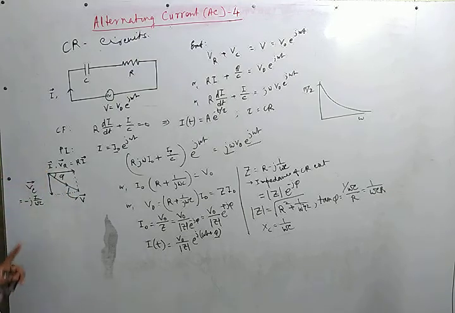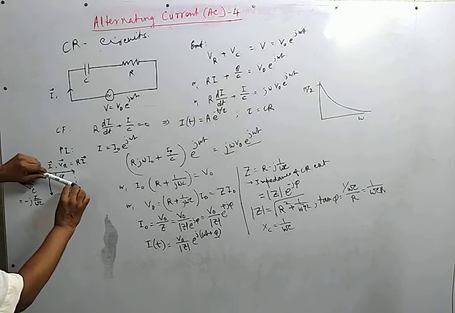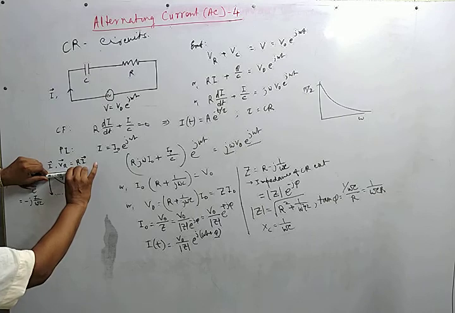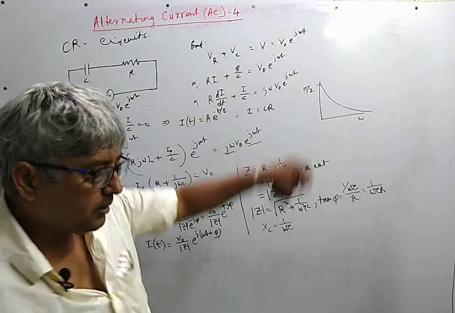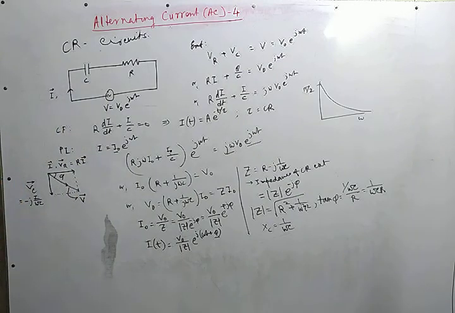And when omega is very high, this becomes very small, and the resultant becomes almost co-parallel to this. So this explains the variation of phi with frequency.